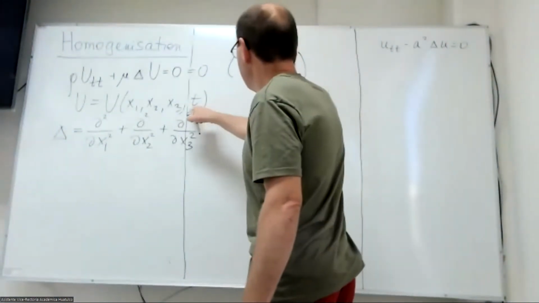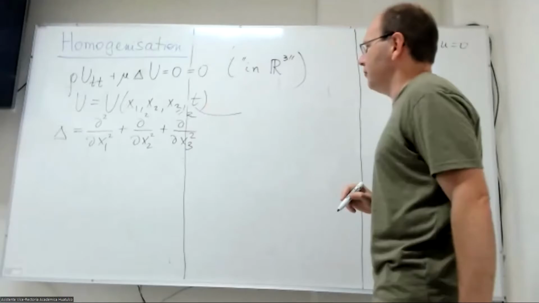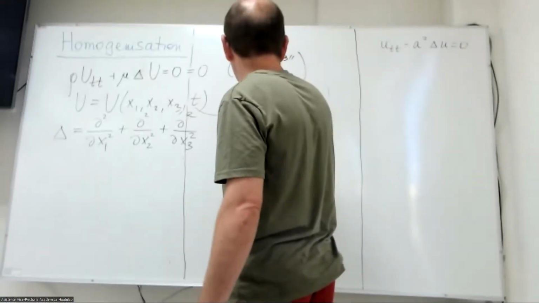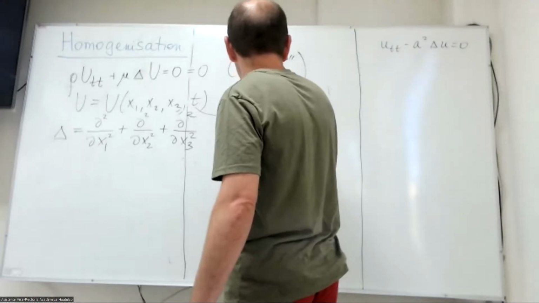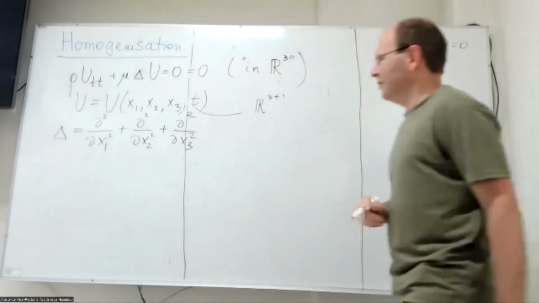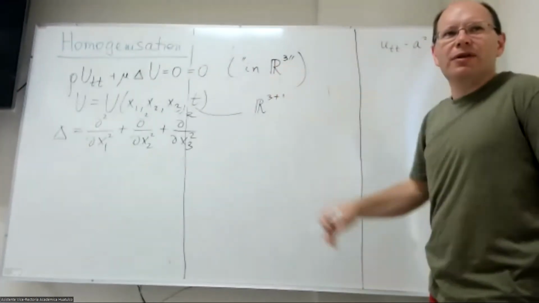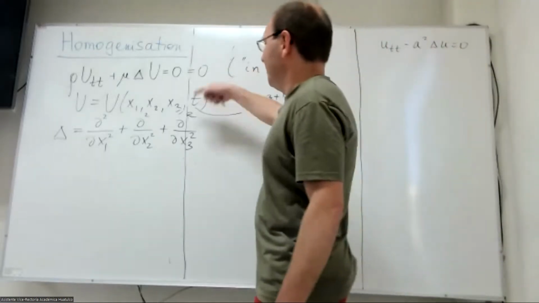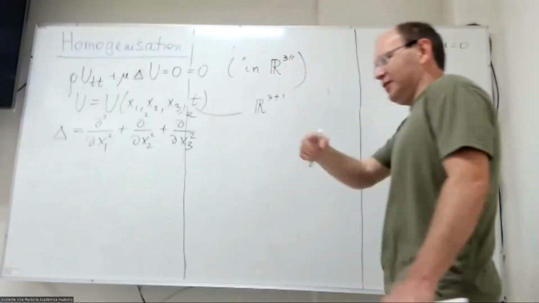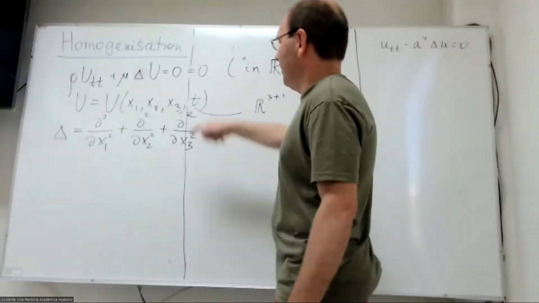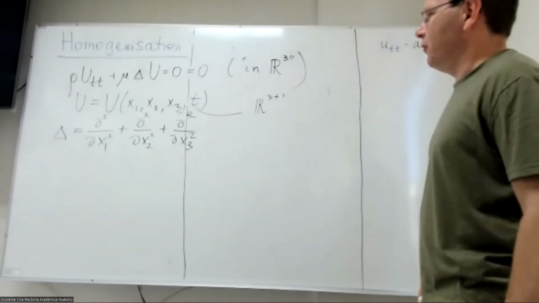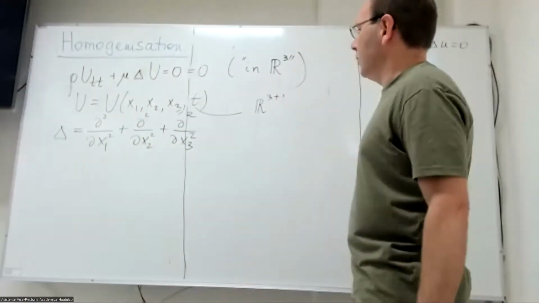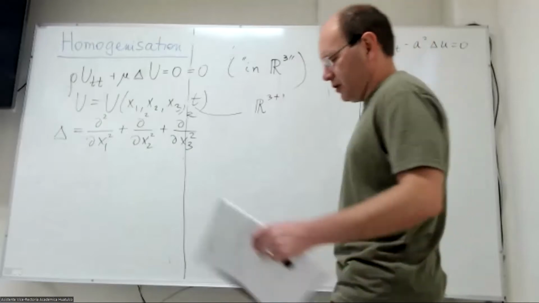So for that reason, time being an additional variable, we sometimes say R3 plus 1, right? The actual language used depends. Usually people start talking about it and they work out the common language for referring to this function and to this equation.